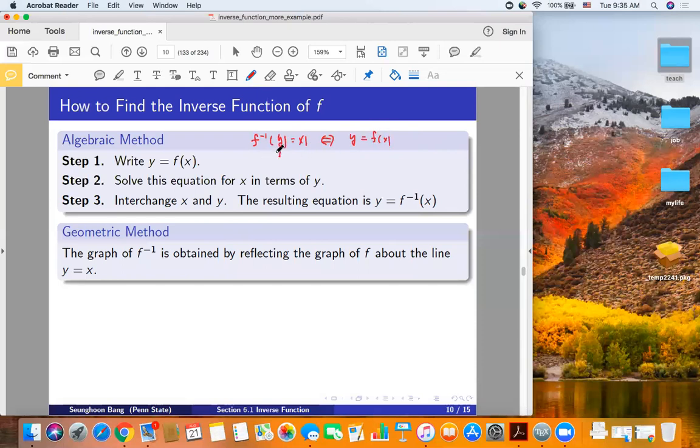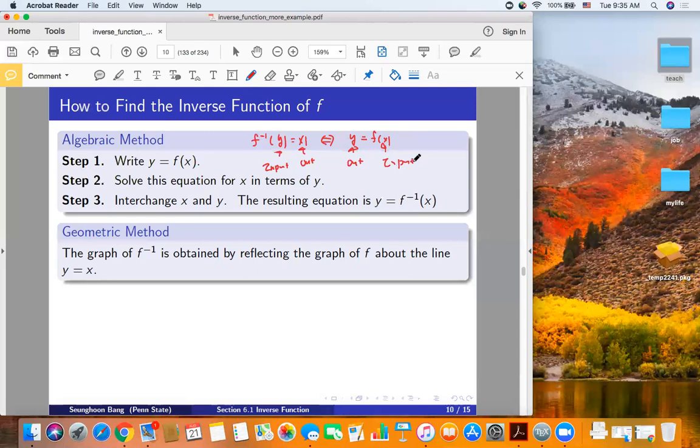Here, y is the input in this case and x is the output. From the function f, y is the output and x is the input. So what does it mean? You have to interchange input and output. The input x is going to output, and the output y is going to input.